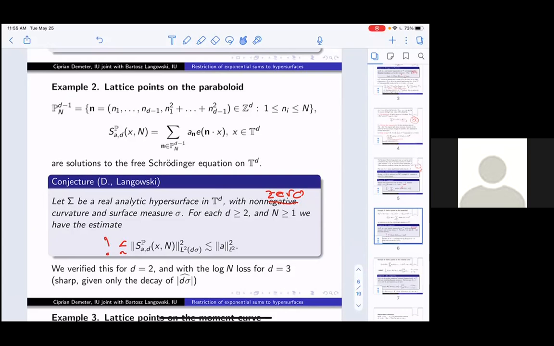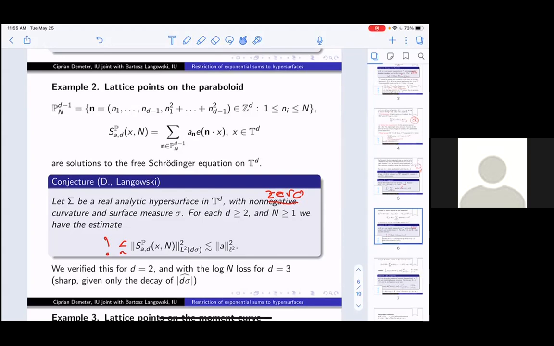We actually managed to verify this estimate for d equals 2 without any loss in n, and also with a log n loss for d equals 3, using only the decay of the Fourier transform of the measure. So we were not really able to do anything as sophisticated as Bourgain and Rudnick.